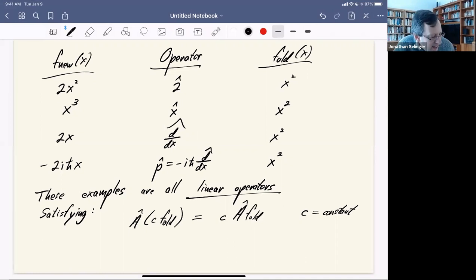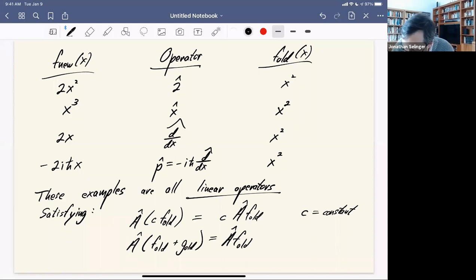And another property is that the operator acting on a sum, acting on f old plus g old, is equal to A acting on f old plus A acting on g old.